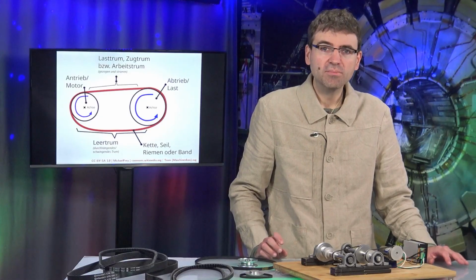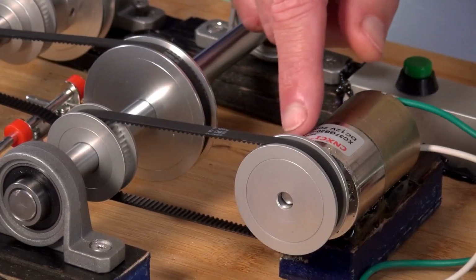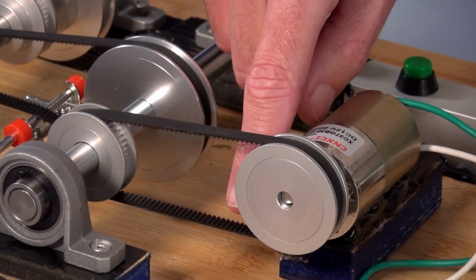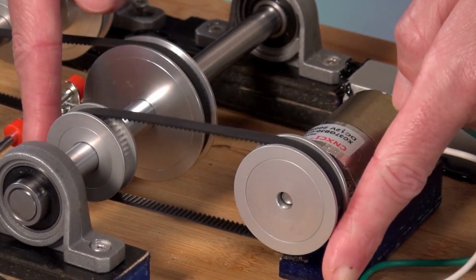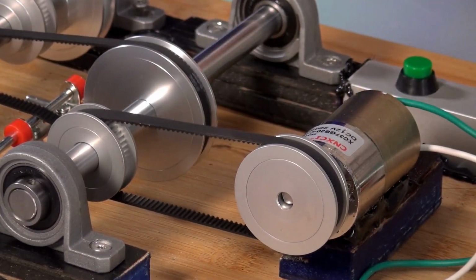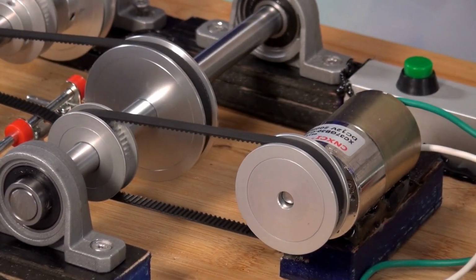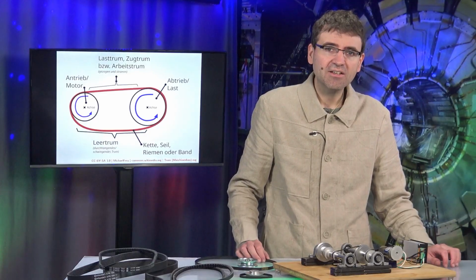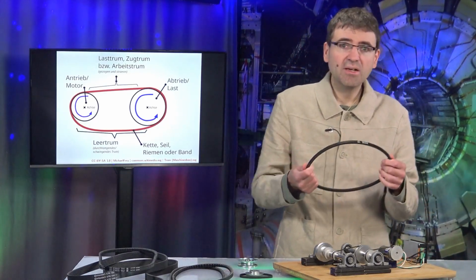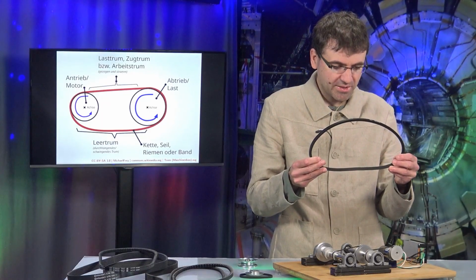To better understand the principle, we need two more technical terms. When we look at the system once more, we see that the motor is pulling the belt towards itself down here. Therefore, this side where the belt is tensioned, it is called the driving strand, because the motor exerts the pull there. And up here, the belt on the top side, that is the slack strand, which represents the return path, so to speak. And if we look at this on a larger scale, I have brought a belt with me, as it is used, for example, in small industrial systems.